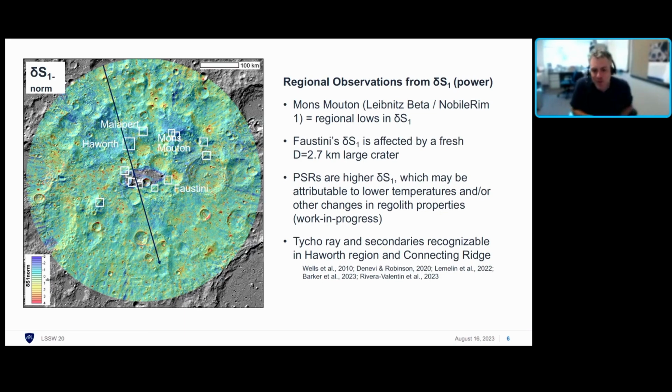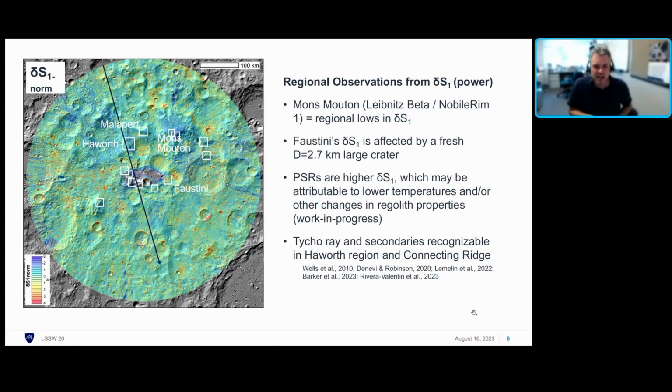And also, you may notice that all the PSRs of the classic craters, Shoemaker, Faustini, Haworth here, are all higher in Delta S1, which we currently attribute to a change in the regolith radar properties due to just having lower temperatures. But it could also be a combination of that and some change to the porosity or density as well. We have to work that out still.